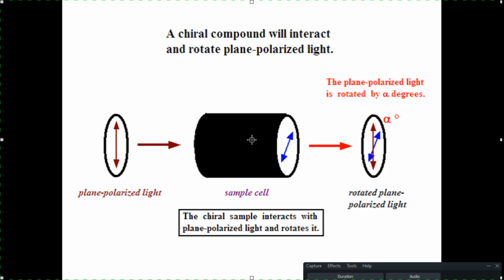He found that when you had one of the enantiomers, it rotated plane polarized light by a certain number of degrees, either to the right or to the left. So when you pass plane polarized light through a sample that contains a chiral molecule, it will rotate plane polarized light by some number of degrees that we'll call alpha.